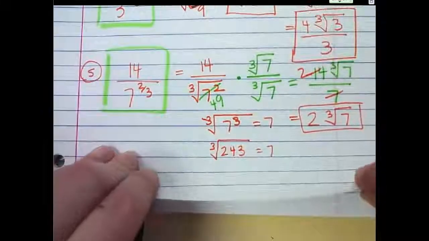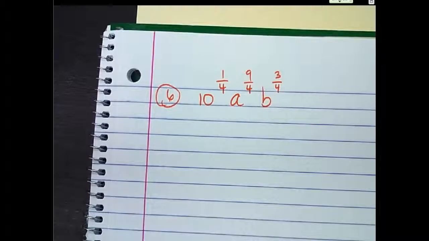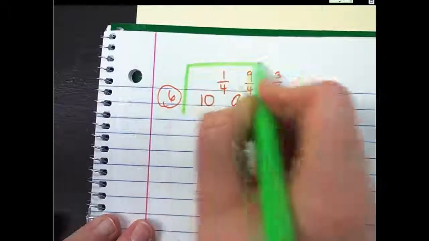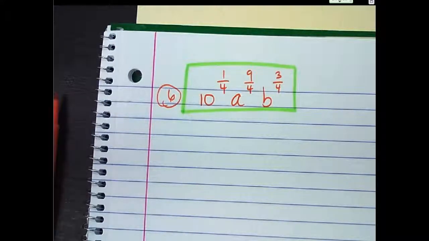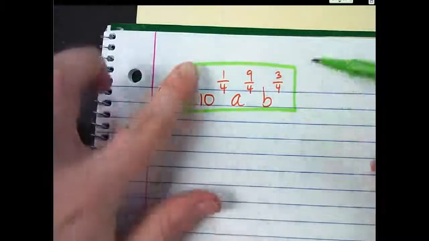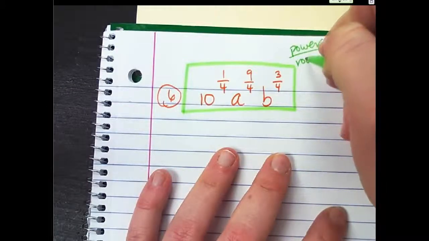Okay, so number 6. Let me write that down. So when we look at our powers, we have power over root, I mean our exponents, power over root.